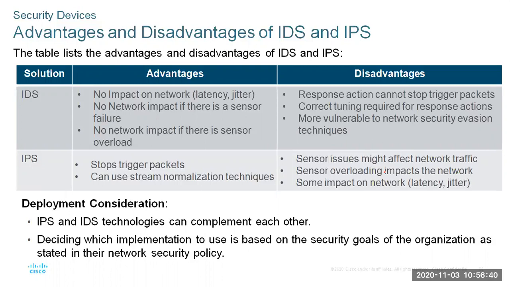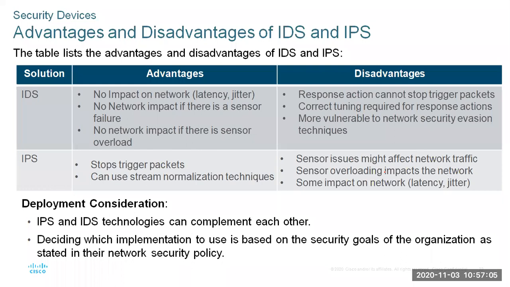But what is the disadvantage of IDS? Response action cannot stop trigger packets. Correct tuning is required for response actions, and it is more vulnerable to network security evasion techniques.